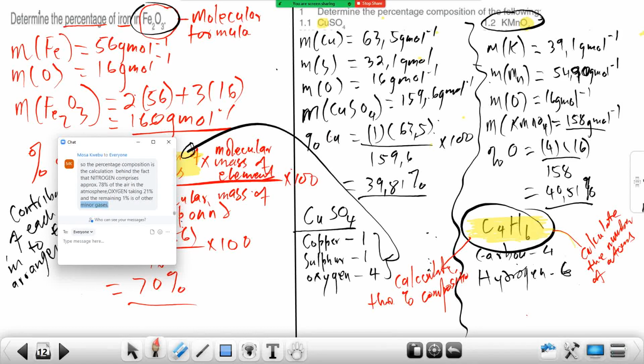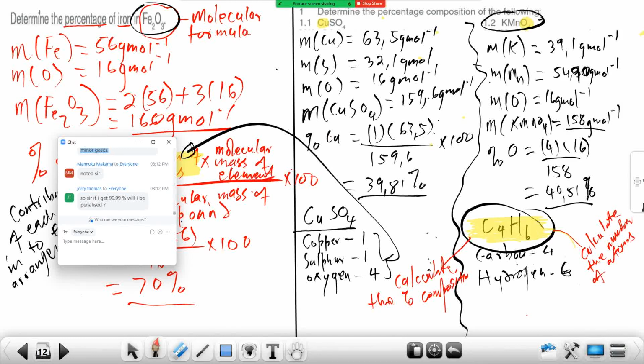Then let me answer Musa. Musa says, so the percentage composition is the calculation behind the fact that nitrogen comprises approximately 78% of the air in the atmosphere, oxygen is taking 21% and the remaining gases are 1%. Musa, you are right, because what we have in the atmosphere, or what we call air, is different gases, but those different gases must comprise 100%.